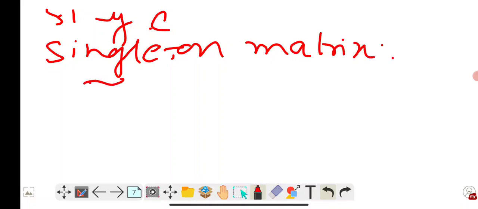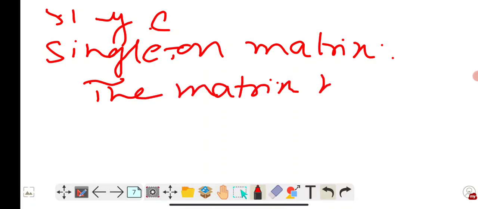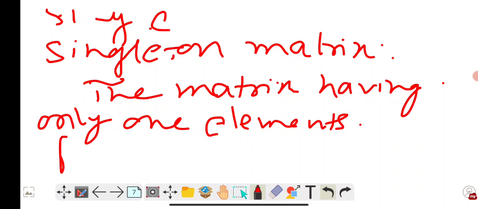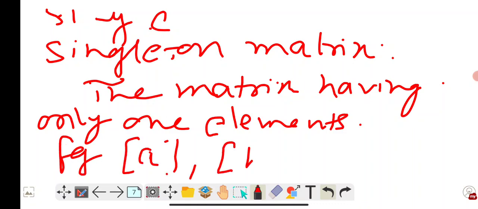Here the matrix having only one element. For example, A, B. These are Singleton matrices.